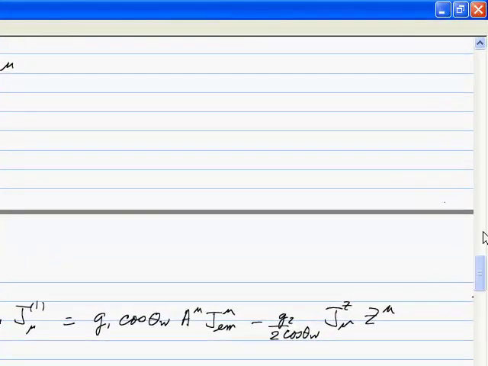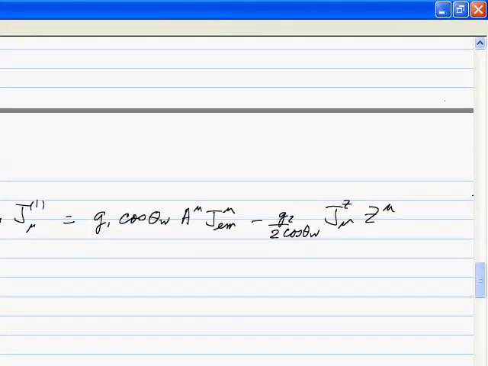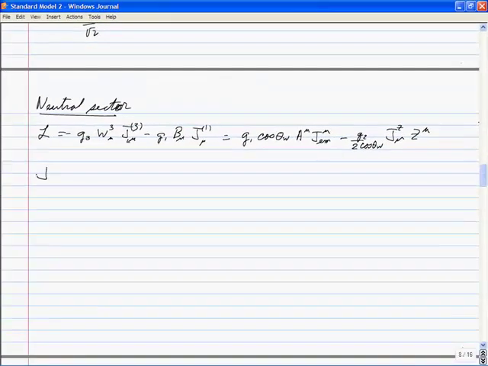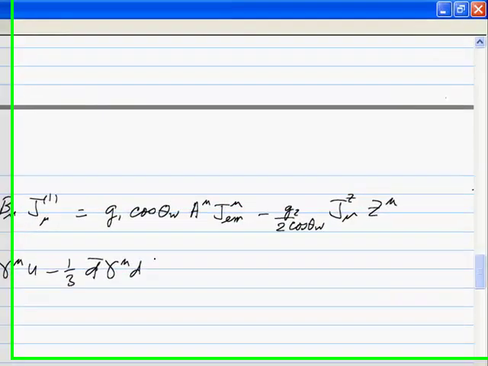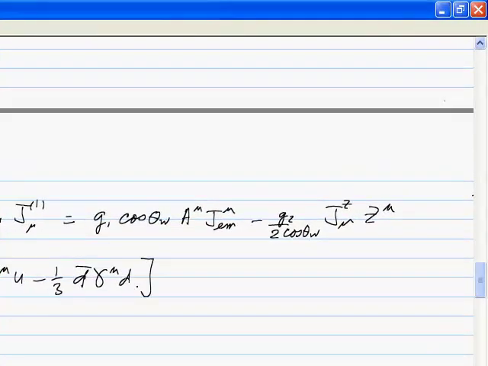Okay, and the electromagnetic current is what we always do. It is the usual e bar γ^μ e with a minus sign plus 2/3 u bar γ^μ u.